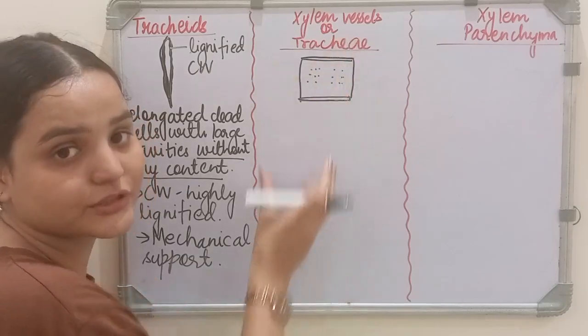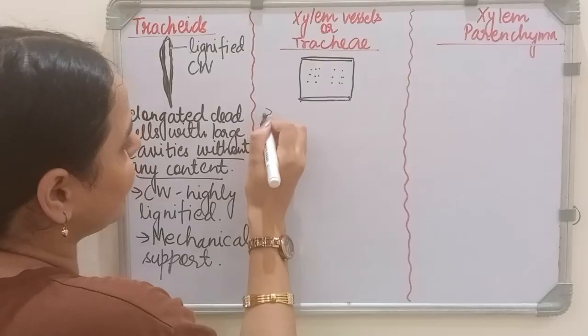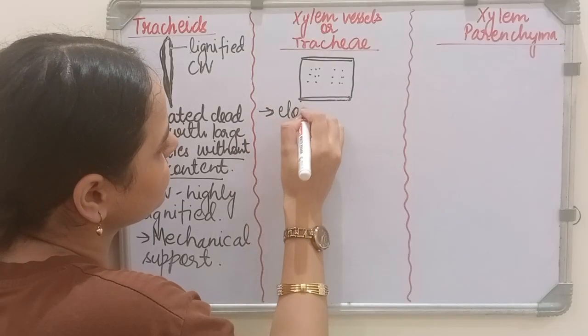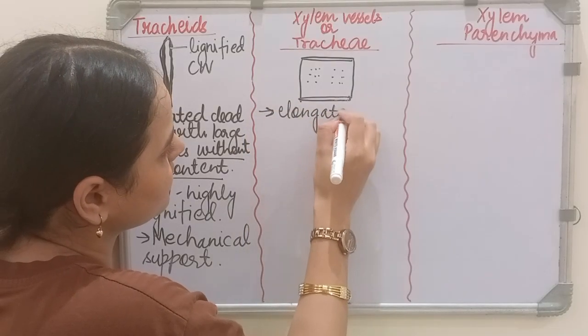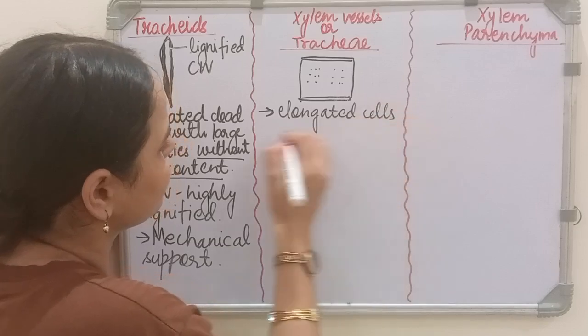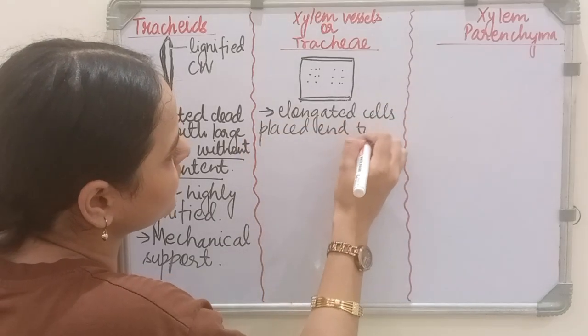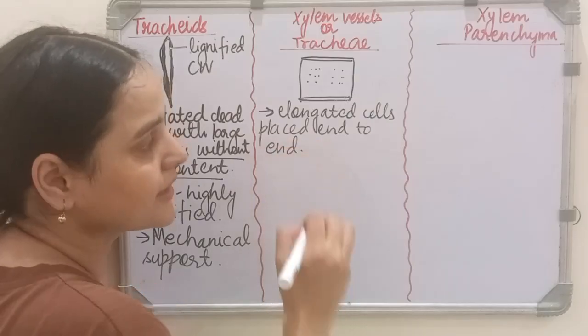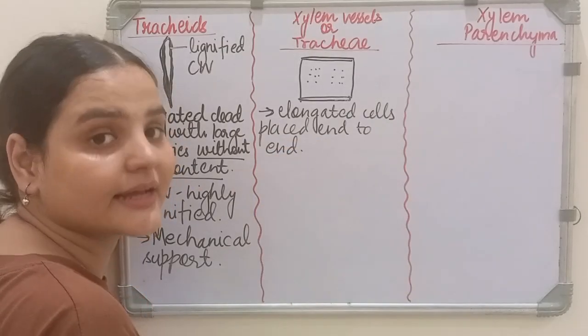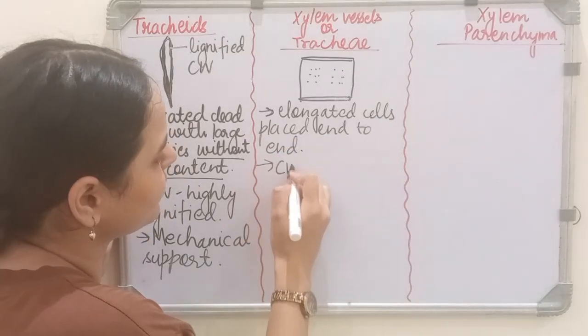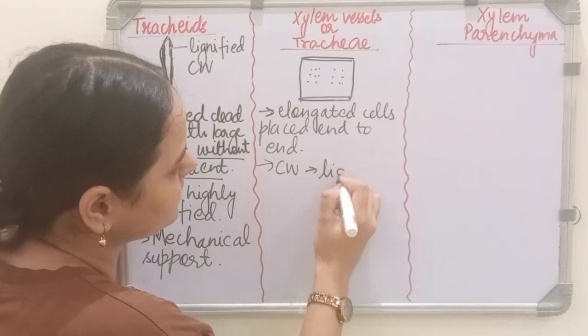So it forms a tube. So these are elongated cells placed end to end. Okay. They also have lignin in the cell wall. So the cell wall is lignified.